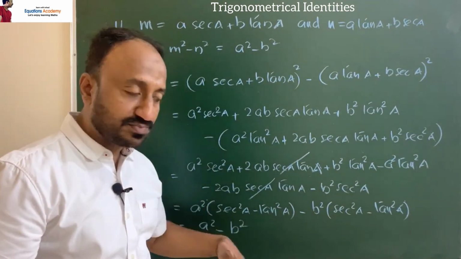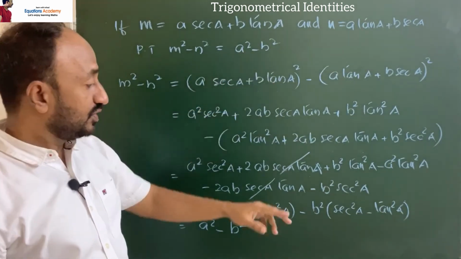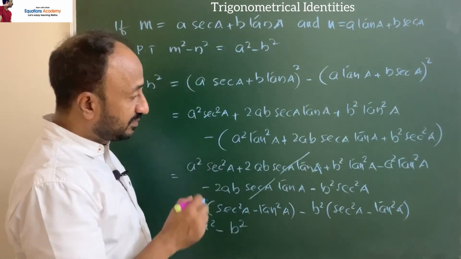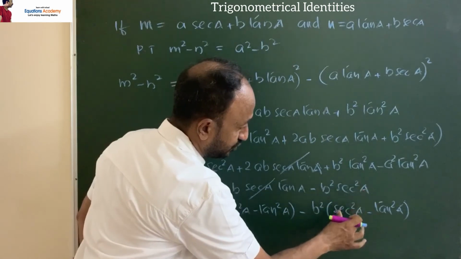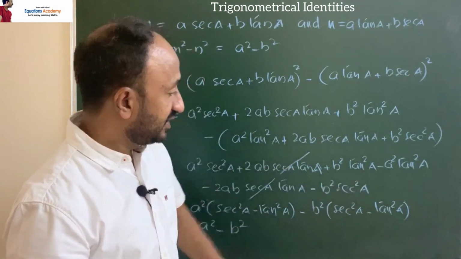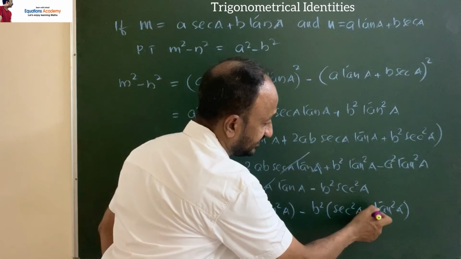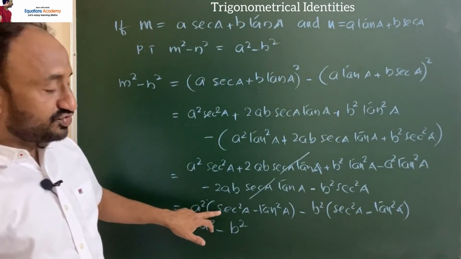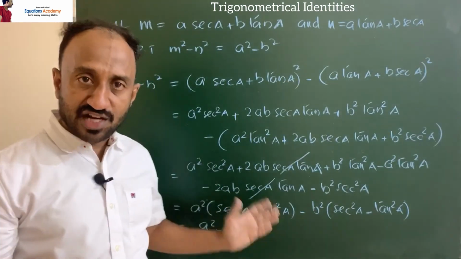From here take minus b square common, because in our question we have to prove a square minus b square. So minus b square into sec square A minus tan square A. Now see the bracket: a square into sec square A minus tan square A. We know that it's an identity, sec square minus tan square is equal to 1.